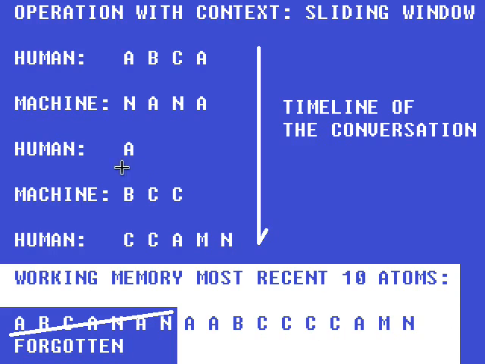It also contains the last machine response of BCC, the last human response of A, and the last part of its own response of NaNa. Whatever happened before the NaNa and the ABCA is being forgotten. It's, so to say, too old.